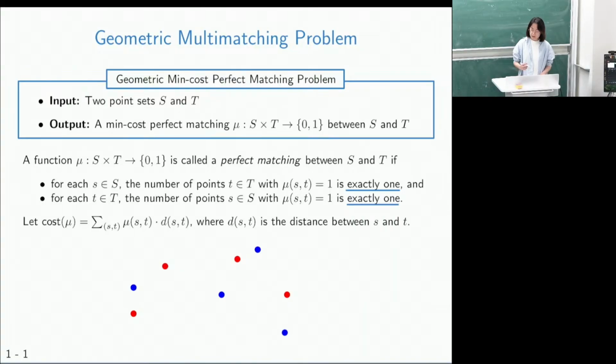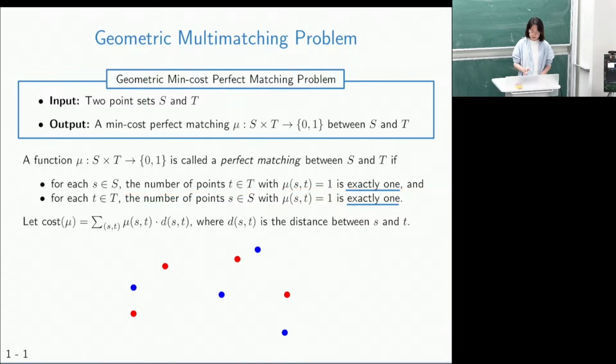And the notion of a perfect matching comes from graph theory. Here, a perfect matching between S and T is a set of edges between S and T, such that for each point in S, the number of points in T which are matched with it is exactly 1.